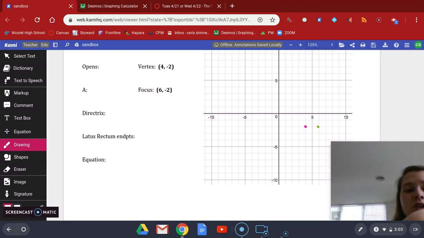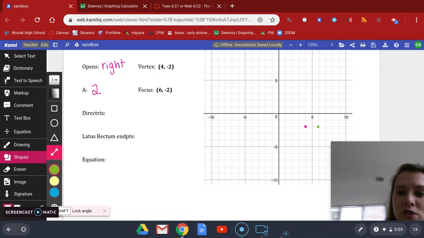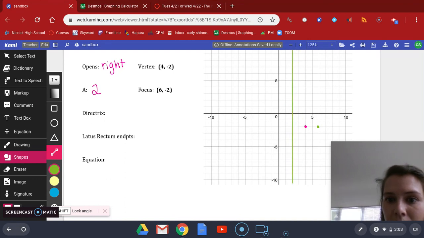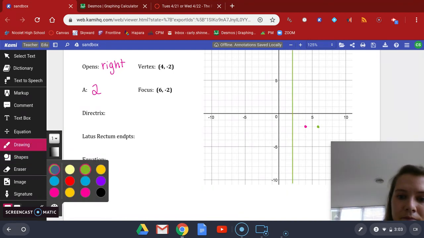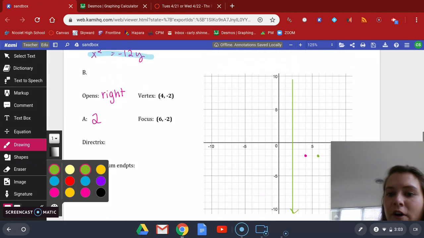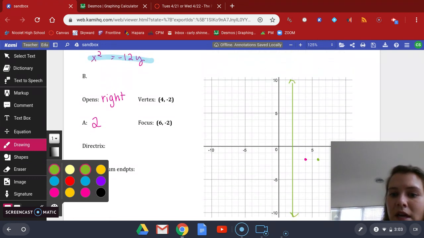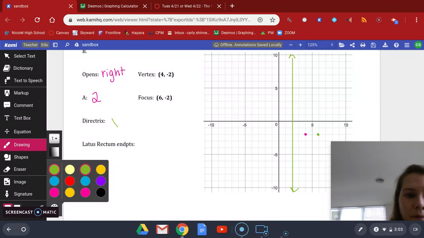So this is going to open to the right because the focus is to the right of the vertex. My a value is 2. So that means the directrix will be 2 units behind, and this is going to be a vertical line here. And so this vertical line would be x equals 2 for the equation of that.